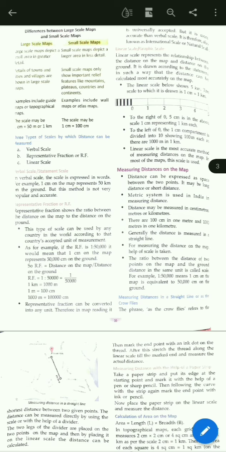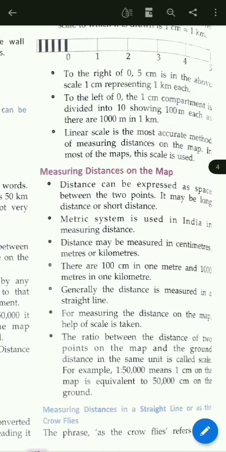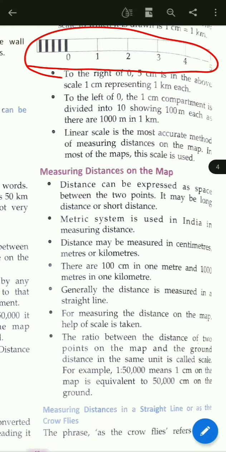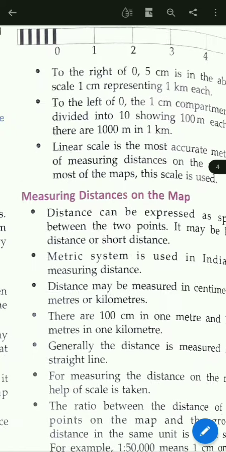Okay, the linear scale below shows 5 kilometer. The scale to which it is drawn is 1 centimeter equal to 1 kilometer. Okay students. So here 5 kilometer distance is taken on the map.